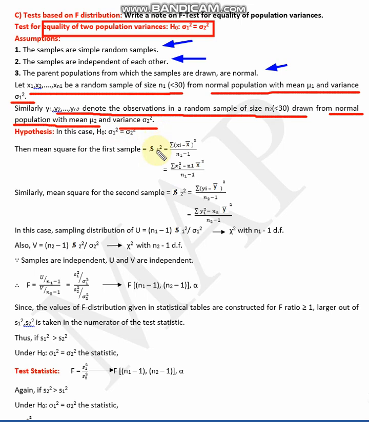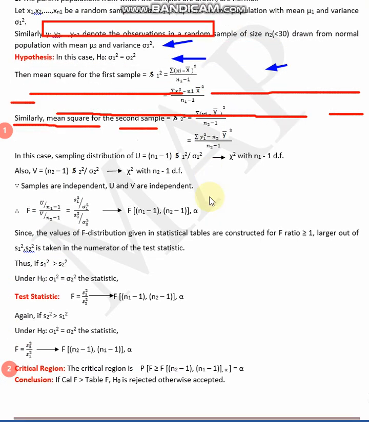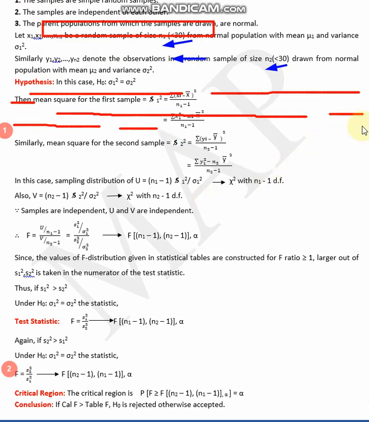As you are aware, the testing procedure follows 4 steps. Step number 1 is the hypothesis, so we have to set up the hypothesis. Step number 2 is related with the test statistic. Step number 3 is related with the critical region, and step number 4 is the final conclusion about this testing procedure.